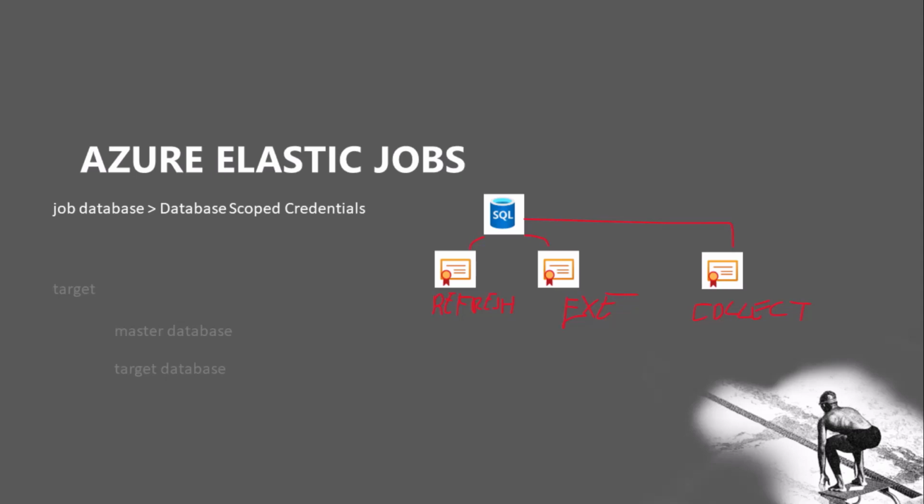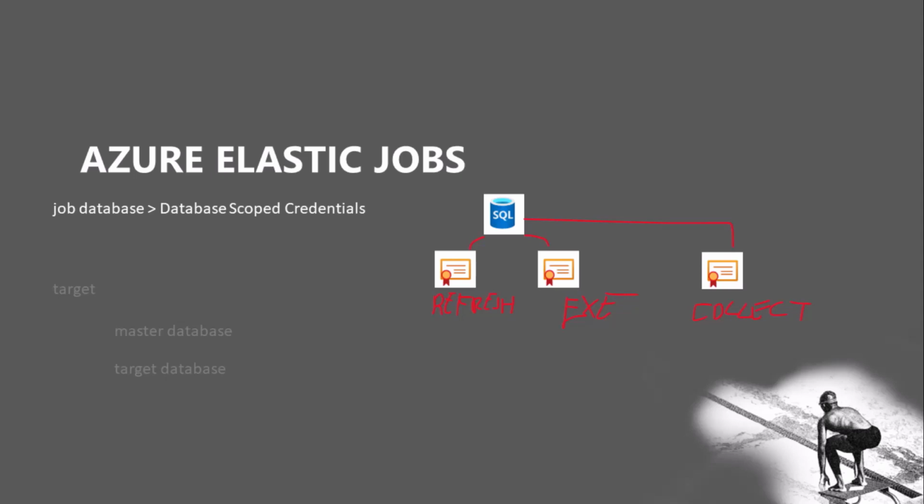But also, if you add a new database to your server, and your target is the whole server, it will know, so it will execute the job against the new database as well. It won't skip it.